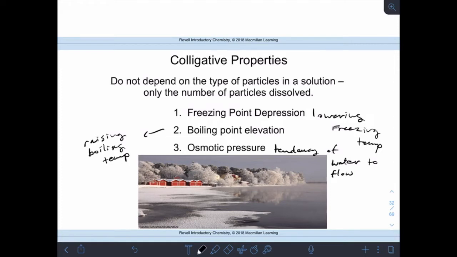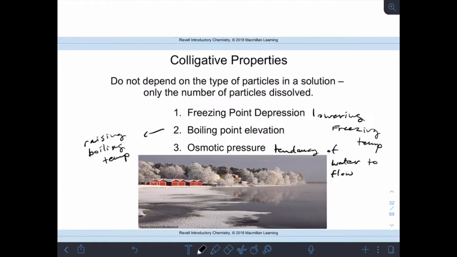The reason we have this image of a frozen lake is a reminder of some of the reasons we use colligative properties. In the wintertime, we put salt on frozen surfaces, whenever we get icy sidewalks and things like that. When we put the salt down, it mixes with the water layer and makes salt water, and salt water freezes at a lower temperature than regular water does.